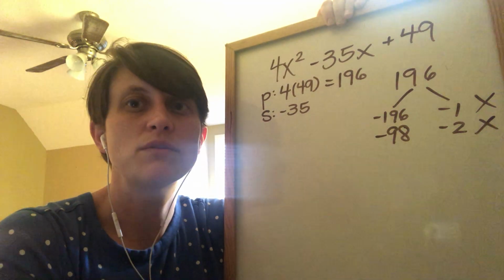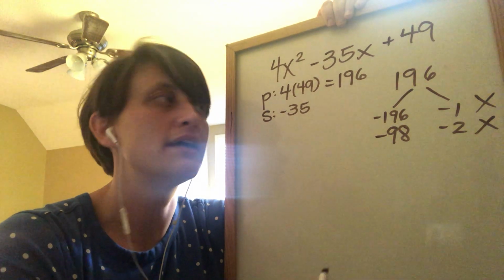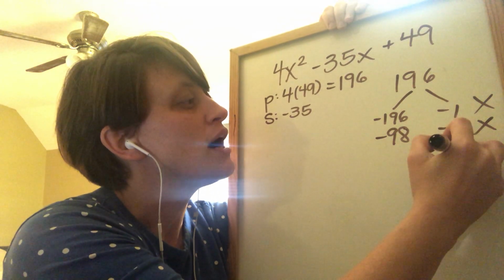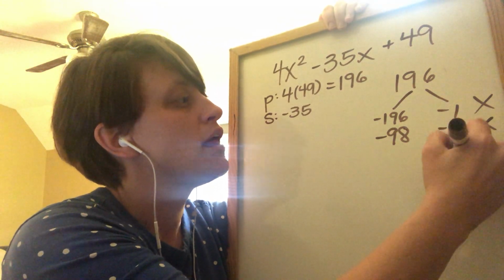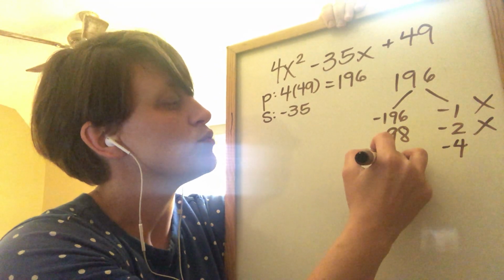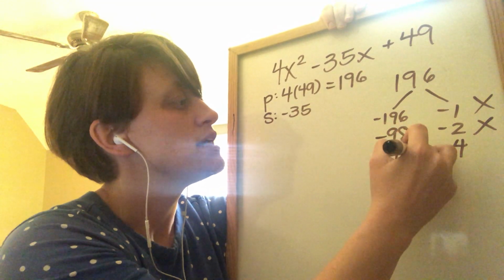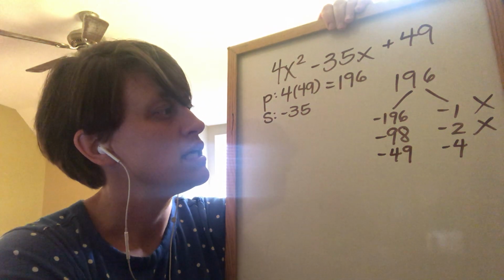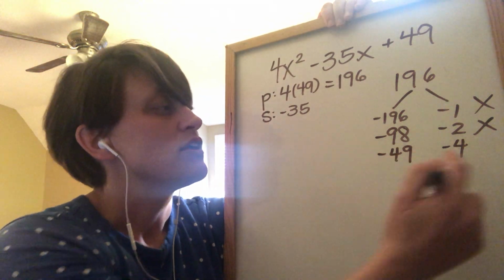So that's not divisible by 3. We're not going to worry about even trying 3. Okay, let's try 4. Well, we already know, right? 4 times 49 is 196. So what we're doing here is 49. Still not a negative 35.